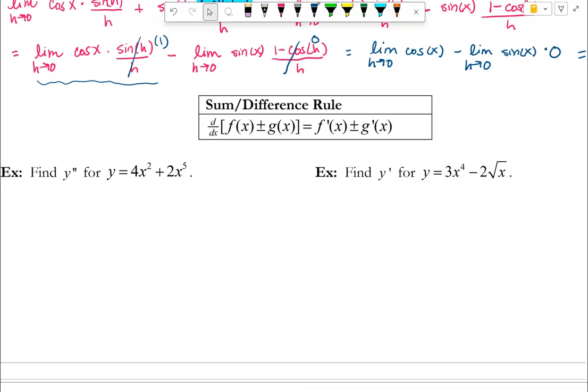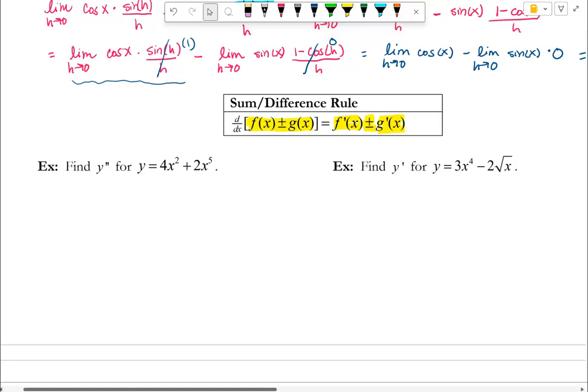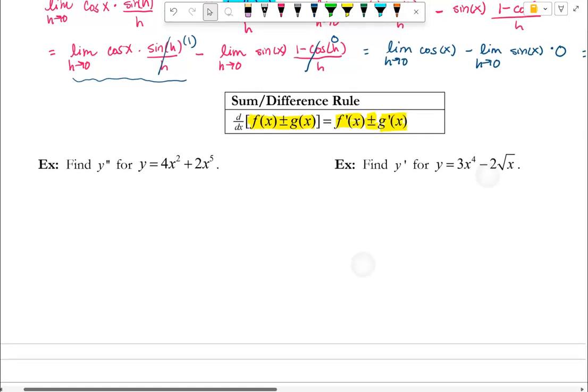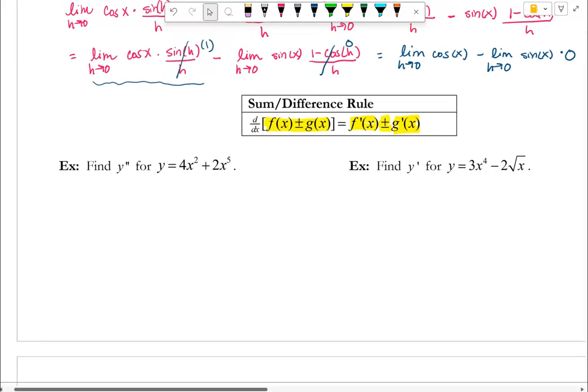Well, we can apply the same idea to derivatives: if I have the derivative of a sum or a difference, so either f plus g or f minus g, that's going to become the derivative of f plus or minus, depending which sign I used on the first part, the derivative of g. So much like limits, a derivative of a sum or difference becomes a sum or difference of the derivatives.